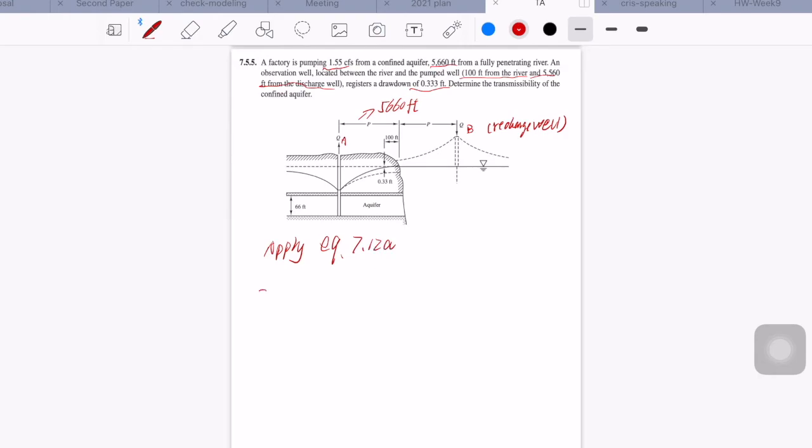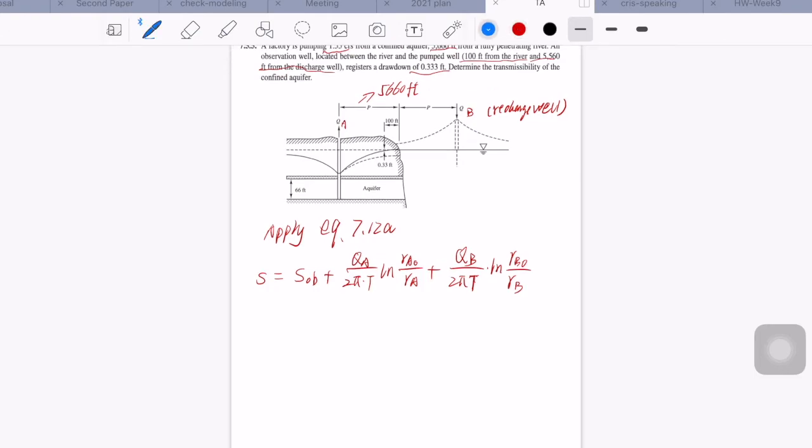And we know the S should be equal to the SOB plus the QA divided by the 2 pi times T times the natural log of RAO divided by RA plus the QB divided by the 2 pi times T times the natural log of RBO divided by RB.